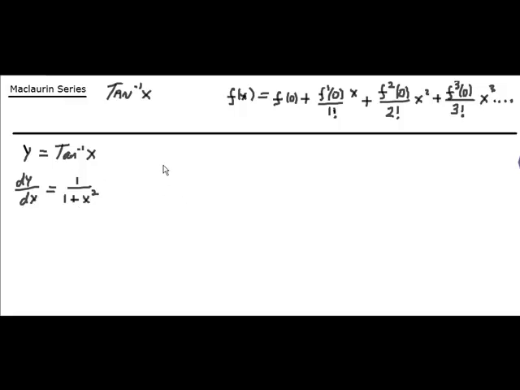We do this by long division, because 1 over 1 plus x squared means the same thing as 1 divided by 1 plus x squared. So we start off here with 1 plus x squared divided into 1, and do our long division in the usual way.